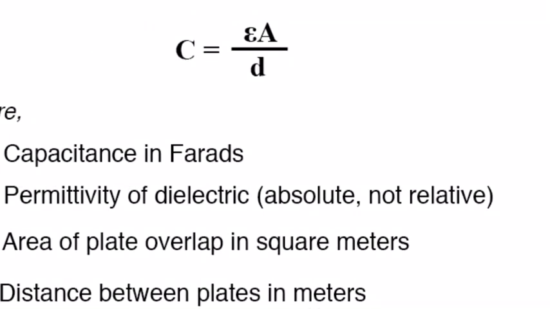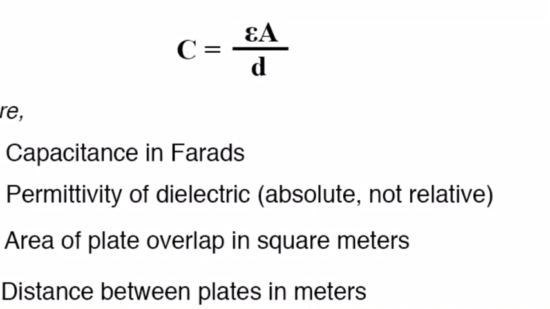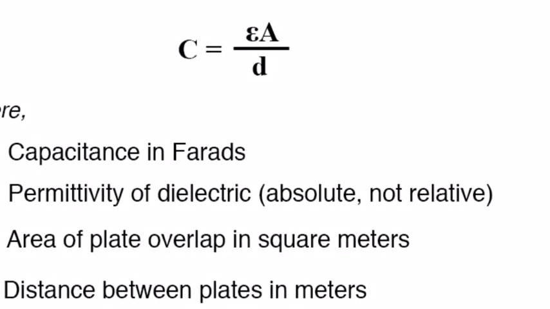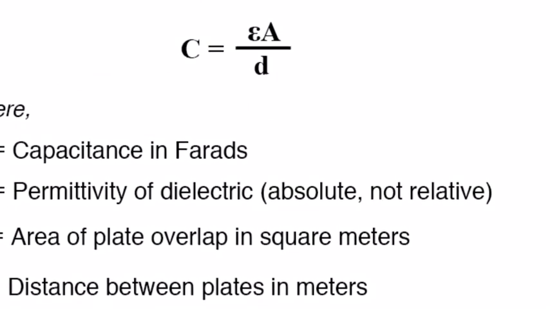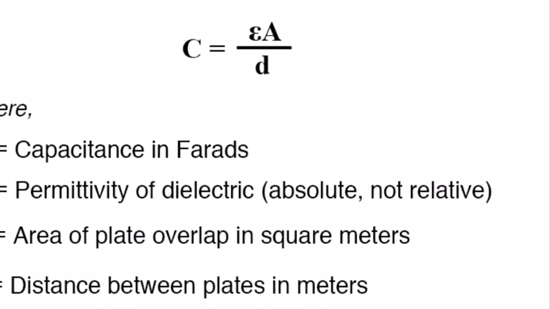Likewise, if we increase the area of the plates, we will have more capacitance, more area to store electrons. This lets us know that capacitance is proportional to area and inversely proportional to distance. Hence, capacitance is equal to area over distance times the permittivity constant of the material between the plates.